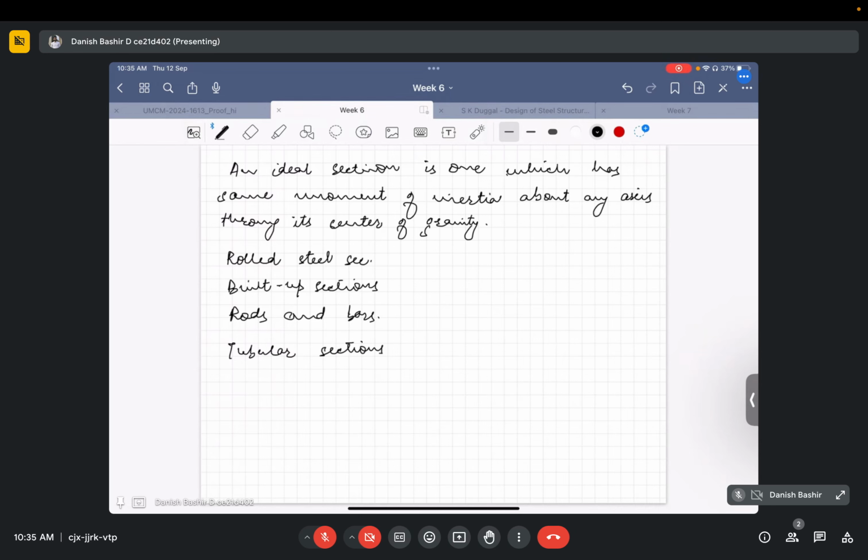These tubular sections are usually provided for roof trusses and bracings.